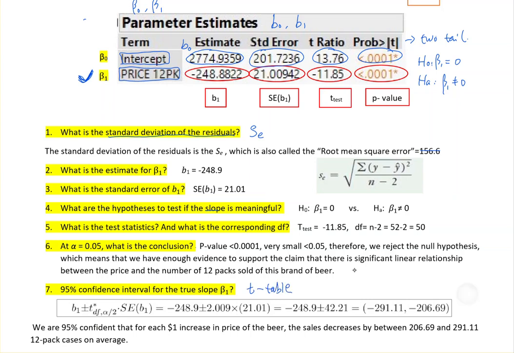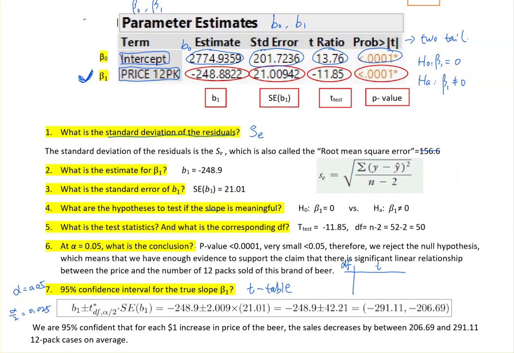That means from the T table, you need to combine the degree of freedom and the alpha over 2, right? So we say 95%, that means alpha is 0.05. Divide by 2 will be 0.025, right?